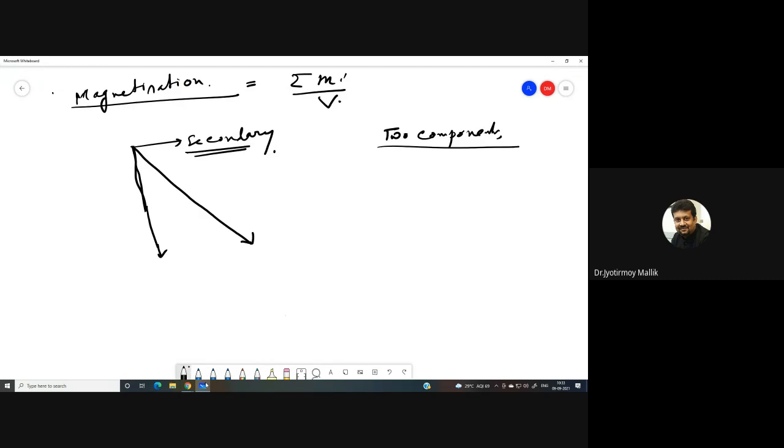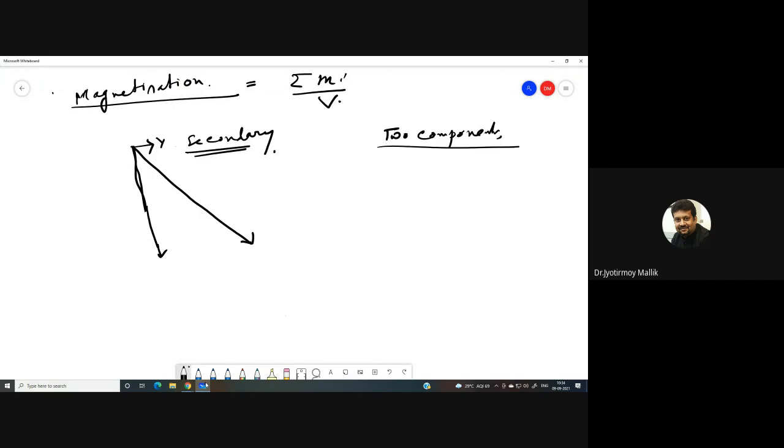So the primary remanent magnetization is fairly large, but the secondary remanent magnetization is very small. If I want to study primary remanent magnetization to understand the formation of that rock, I can simply ignore the secondary remanent magnetization.